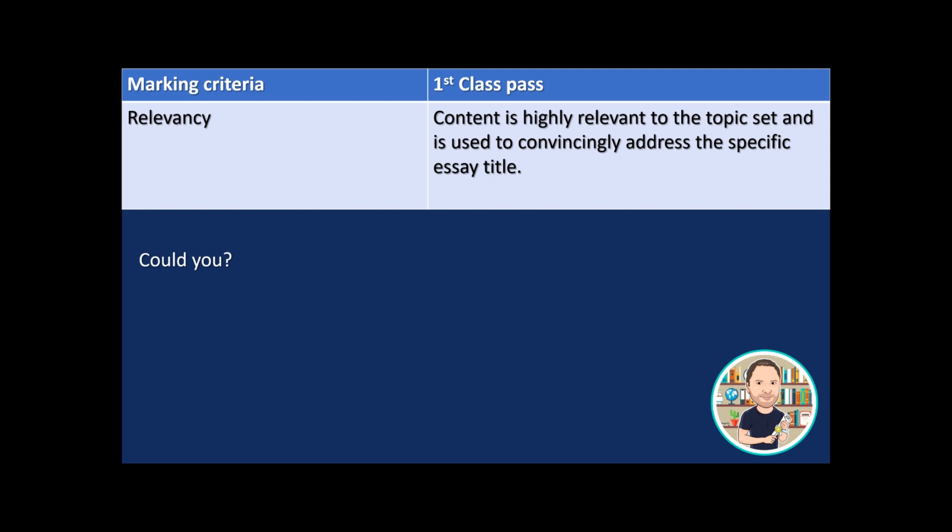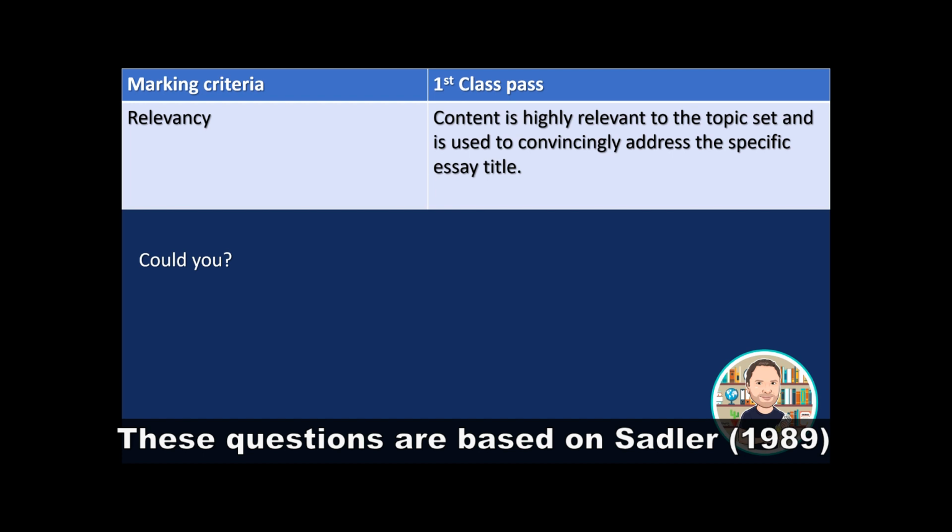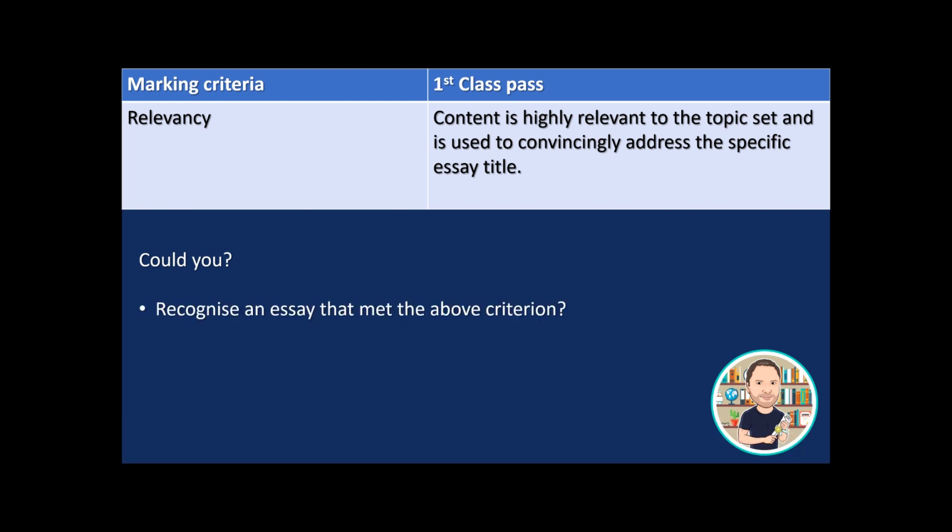If you do think you understand the above extract from a marking and grading criteria, then I've got 3 questions for you. First of all, would you recognise an essay that met the above criterion, i.e. an essay where, in terms of its relevancy, the content was highly relevant to the topic set and was being used convincingly to address the specific essay title?